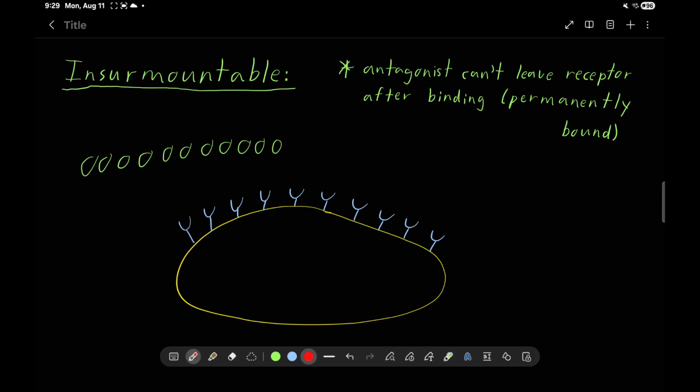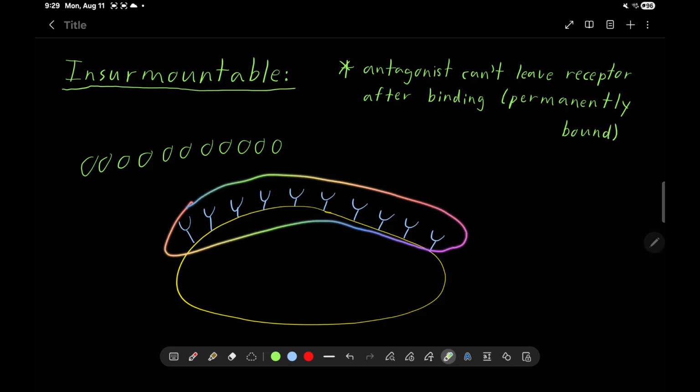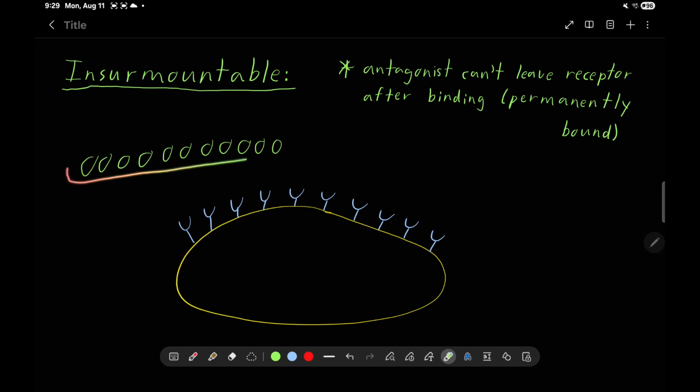So let's look at this entire cell, right? We have 10 orthosteric sites, and we have a concentration of agonist that can go and bind onto these orthosteric sites and produce response. But now we're going to add some of our insurmountable antagonist.